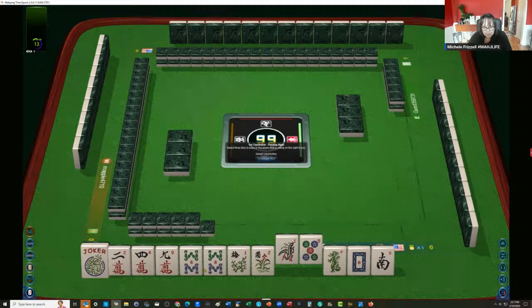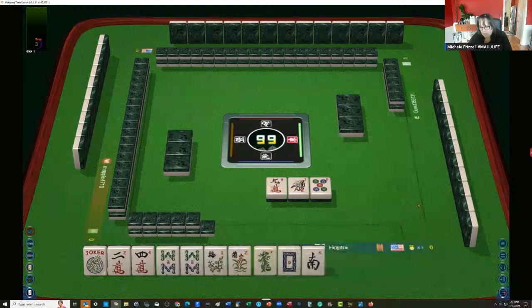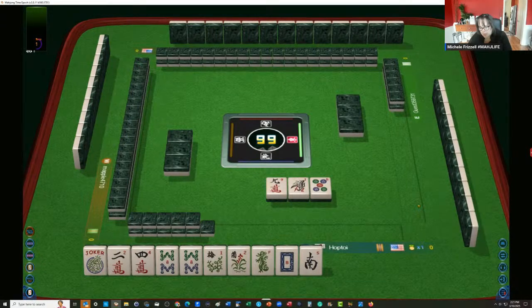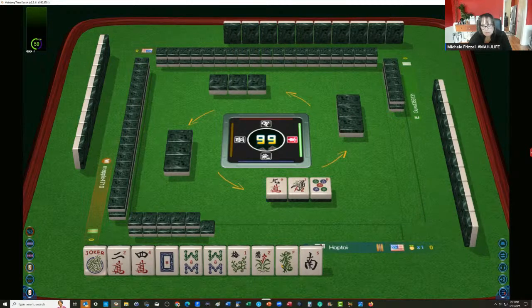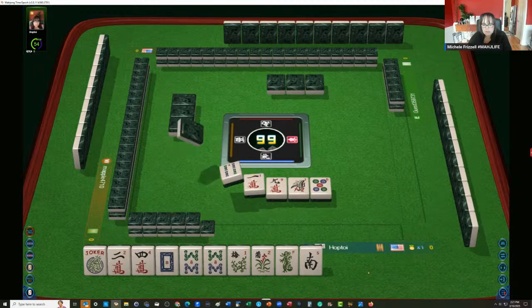So with the 8, I was just thinking if winds and dragons come in, that maybe we could play news with dragons. Maybe we could go for a year hand. Let's just see what happens with this 8.